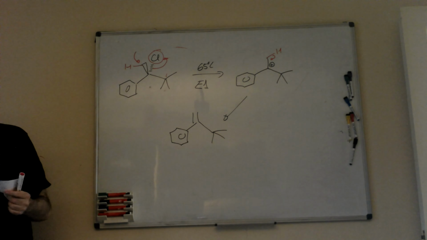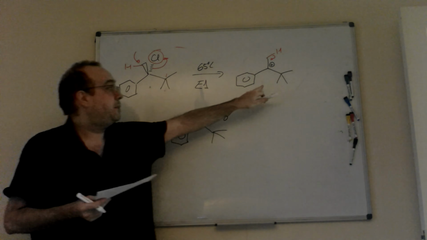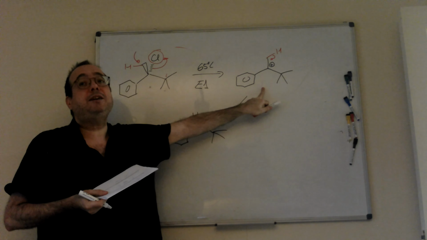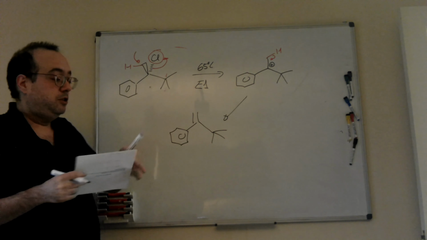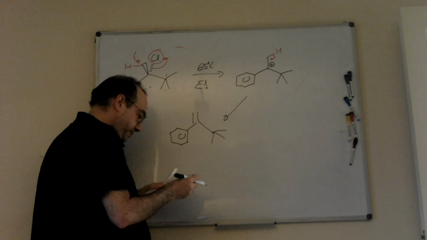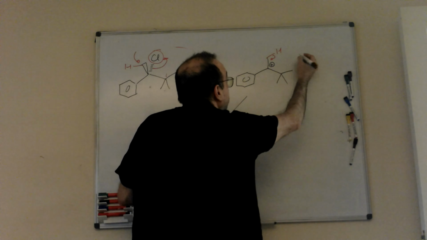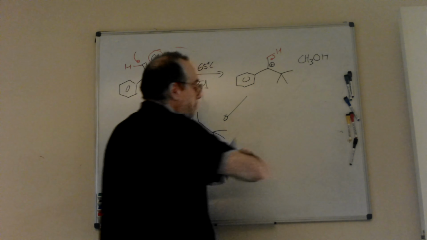But in this exercise they say that we have a mixture of products. What could be the other product? Okay, we do the elimination, but remember, this is a carbocation. What we can have also is a substitution. That means we have here methanol.